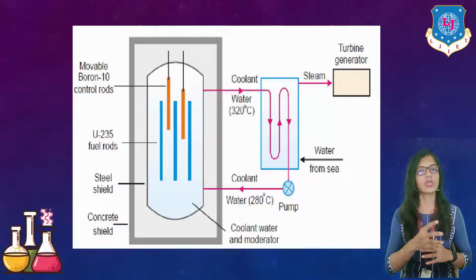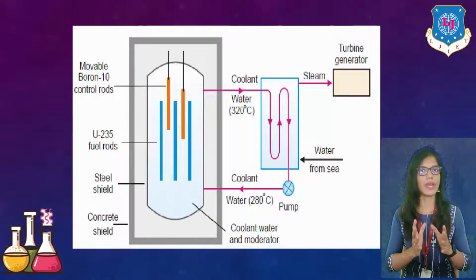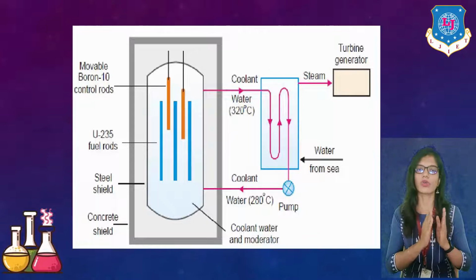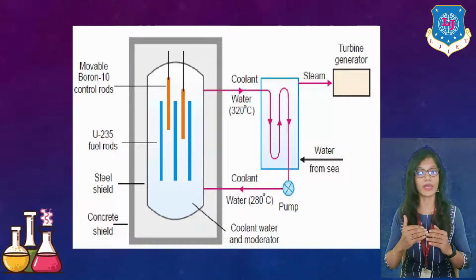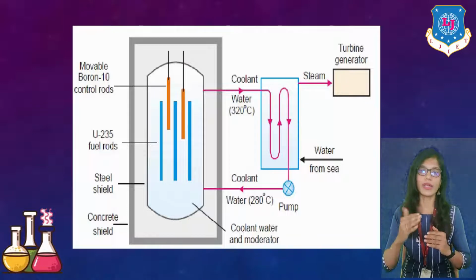Now the reaction occurs in the steel shield, right? So nuclear fission of uranium-235 occurs and it will produce energy. It will raise the temperature of the water. The temperature of the coolant water will be raised from 280 degrees to 320 degrees.